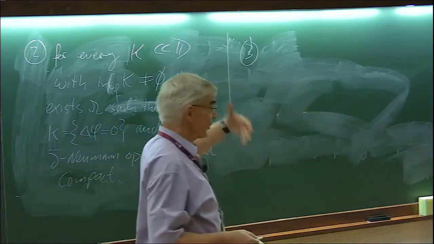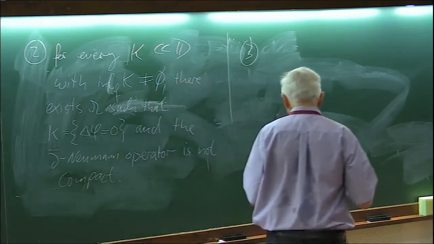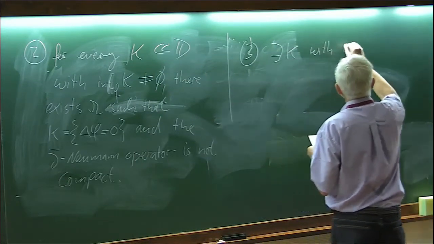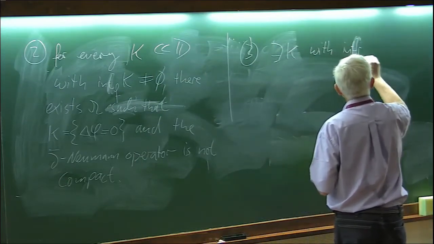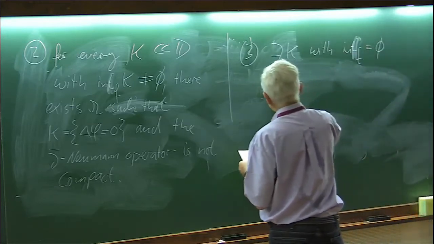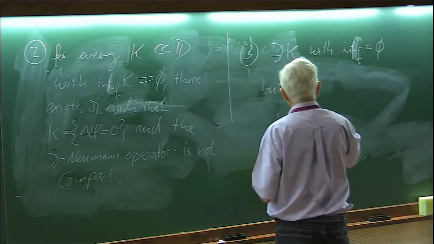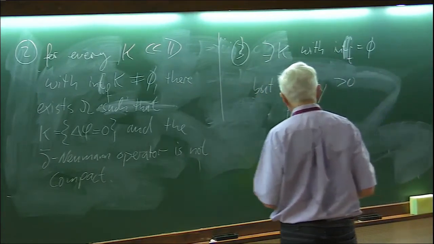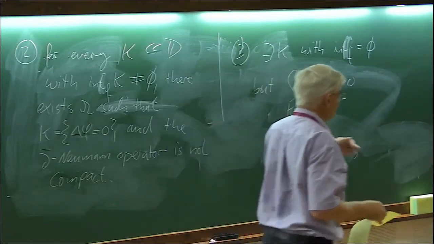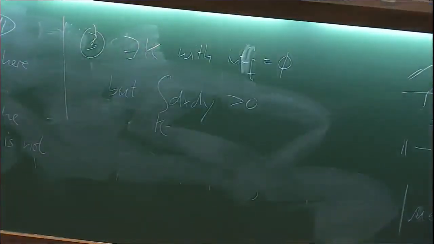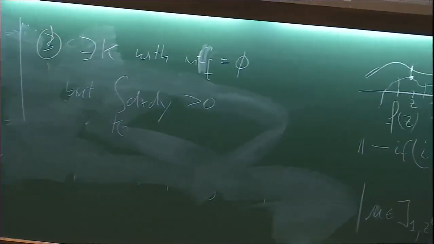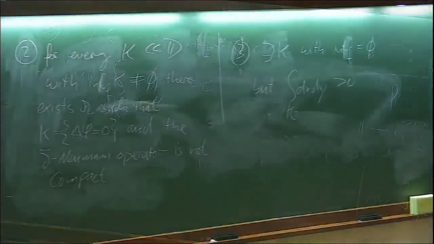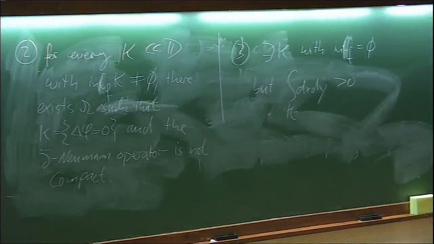You can have many in the sense of having positive measure on the boundary and still have compactness. Namely, you can take a K with the fine interior empty, but its Lebesgue measure in the plane strictly positive. And so in this construction, those are going to give you a set of weakly pseudoconvex points up here, also of positive measure. Okay.